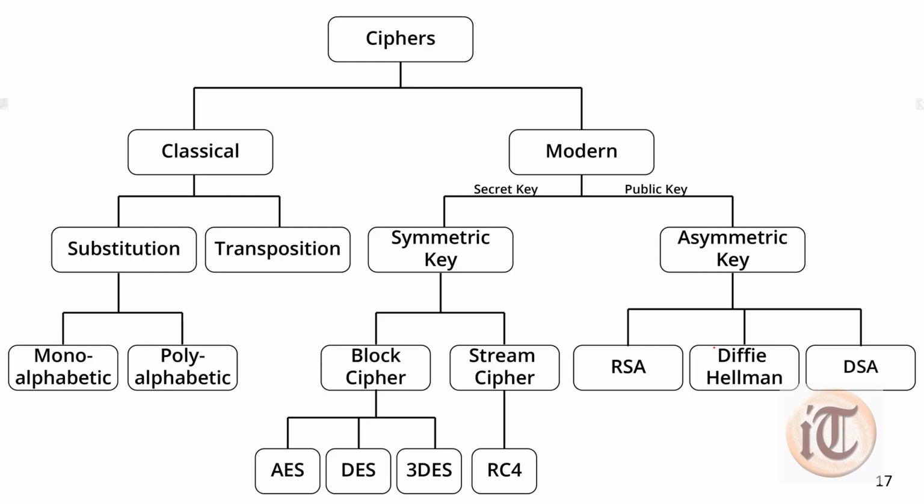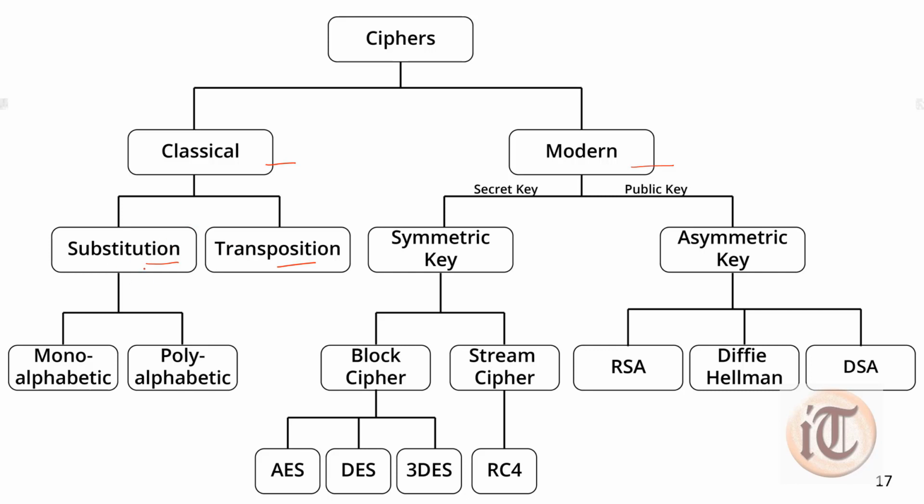Now, this slide shows the types of algorithms that are used in cryptography. In the first unit, we will discuss that there are two types of ciphers: one is classical and another one is modern. The classical cipher is further divided into two types: substitution technique and transposition technique.